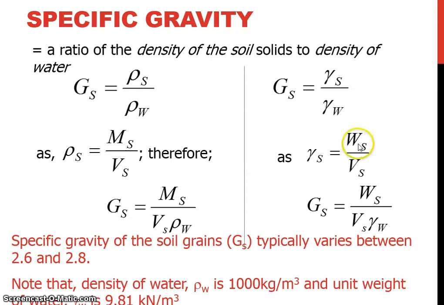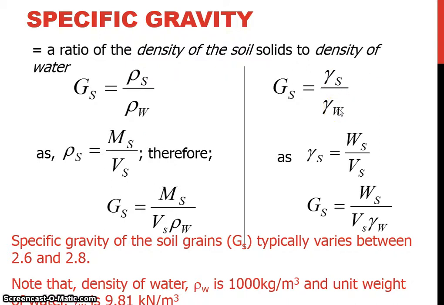In weight terms, it is weight of solids divided by volume of solids, gamma S, gamma solid. So either we have the specific gravity in gamma or in rho, the density or the unit weight. It is a comparison of the solids to the water.